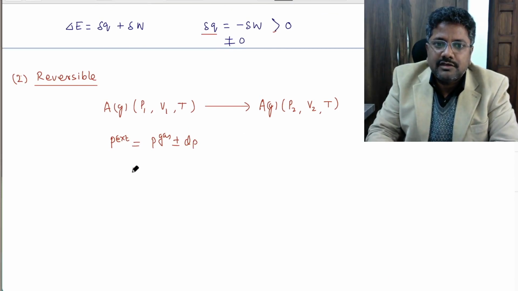So you can write here P gas, right? dP tends to 0.